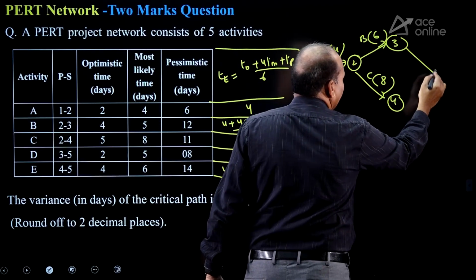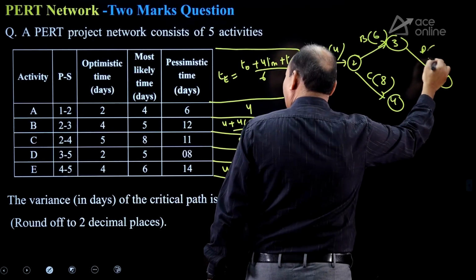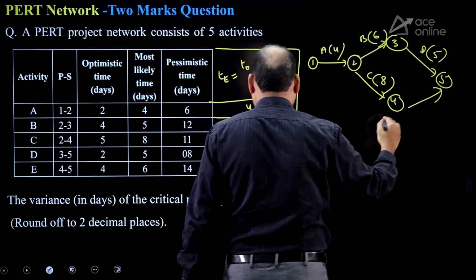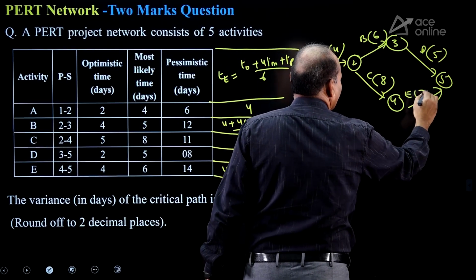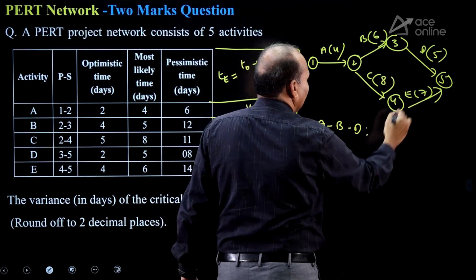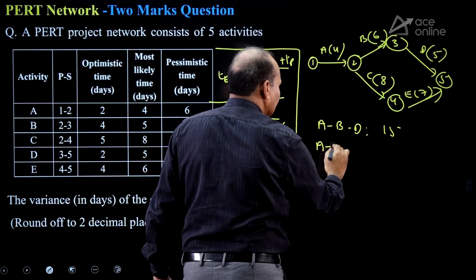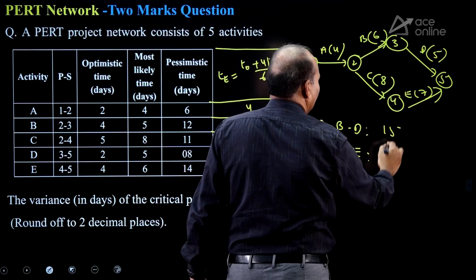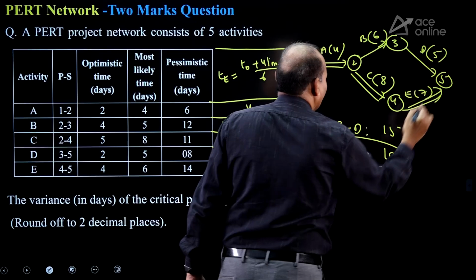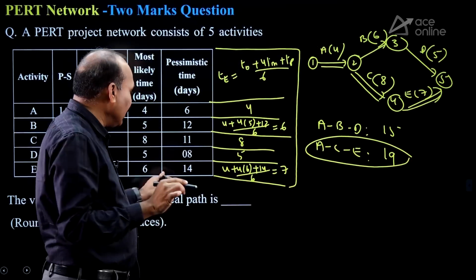D is 3-5, duration 5. E is 4-5, duration 7. Get the critical path in this. ABD: 10 plus 5 is 15. ACE: 12 plus 7 is 19. Critical path is ACE.